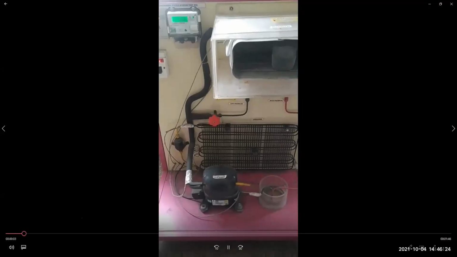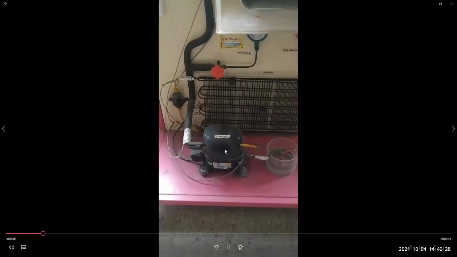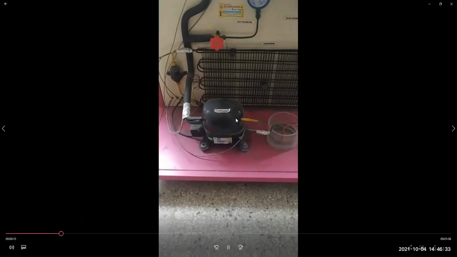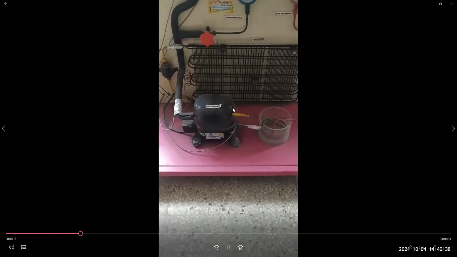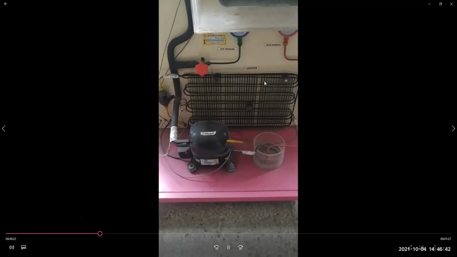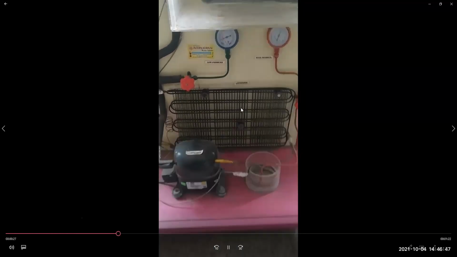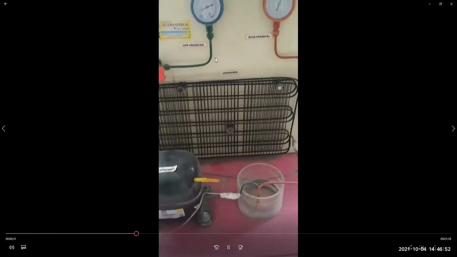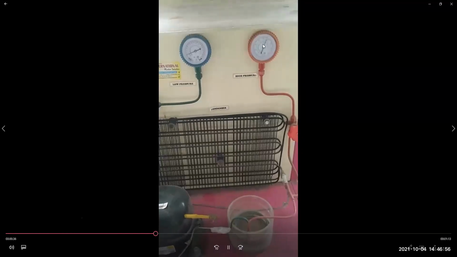This is another vapor compression refrigeration test rig. Here we have the hermetically sealed compressor in front of us. Next we have the condenser, which is air cooled, not cooled by any fan. Over it we have two pressure gauges, which indicate the high pressure and low pressure of the system.